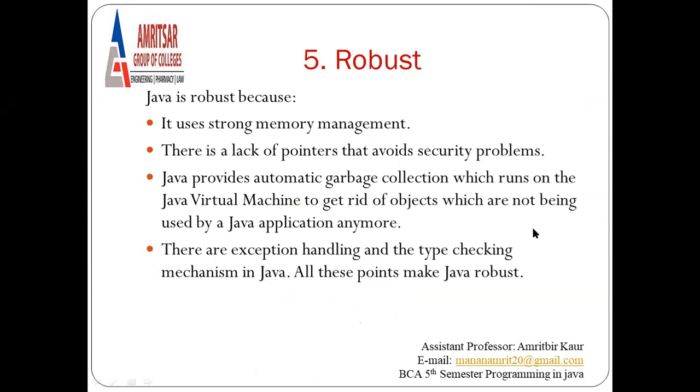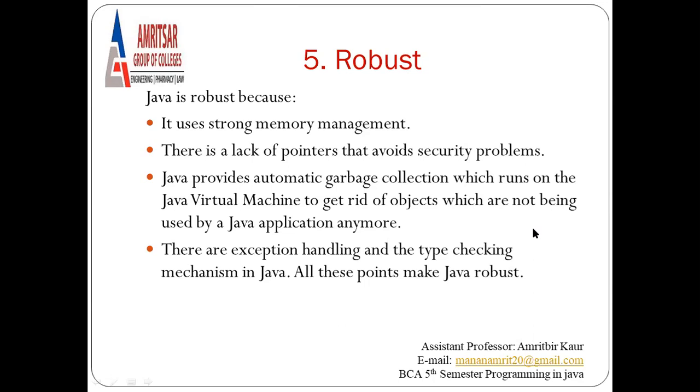The next point is robust. Java is robust because robust means we can say error free, correct? Java is robust because it uses strong memory management, because there is no pointer, the memory is managed automatically. Second, the lack of pointers avoids security problems.